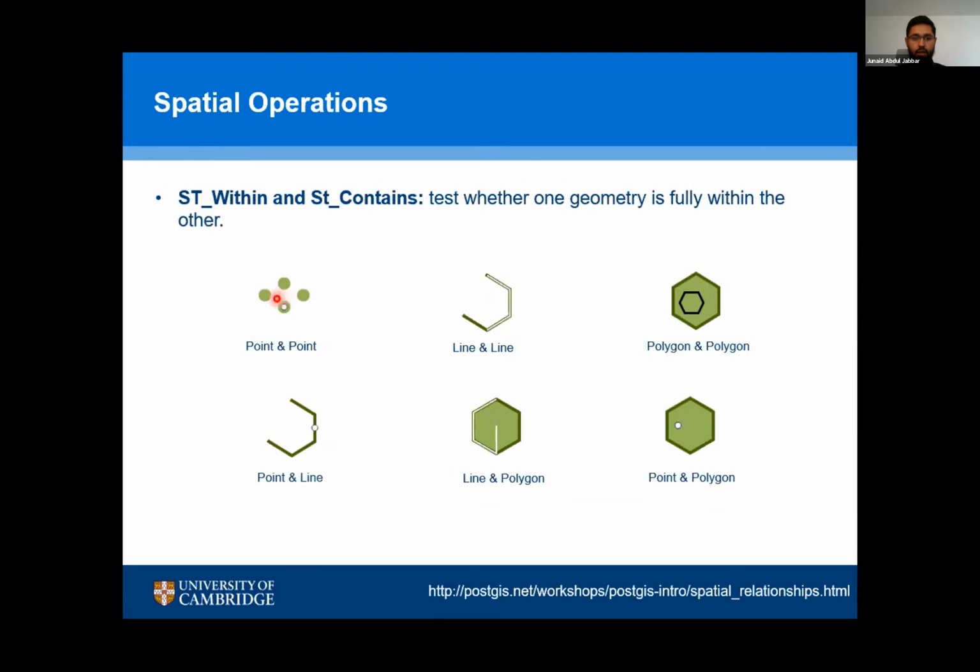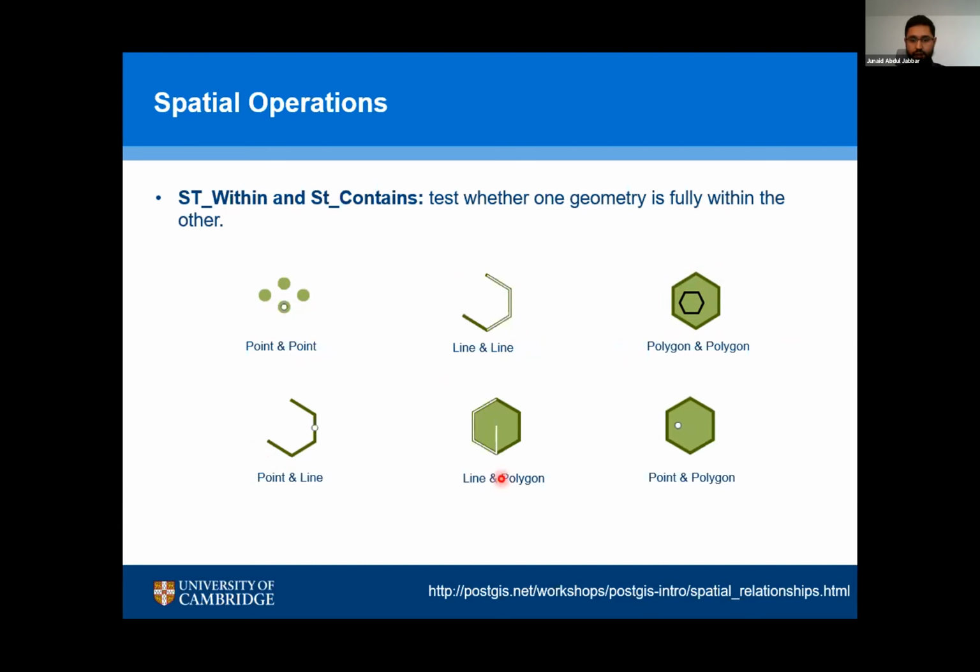Again, we can handle multiple geometries with these spatial operations. Here you can see the operation for point and point geometries, or line and line geometries, where there is a white line over this dark green line, or there could be two polygons, a black polygon and a green polygon.